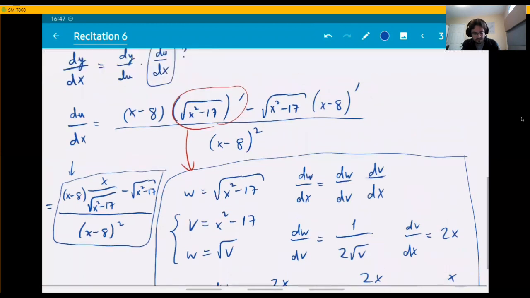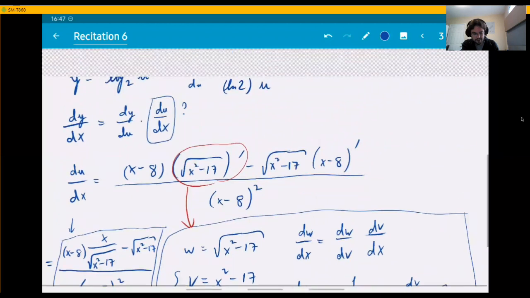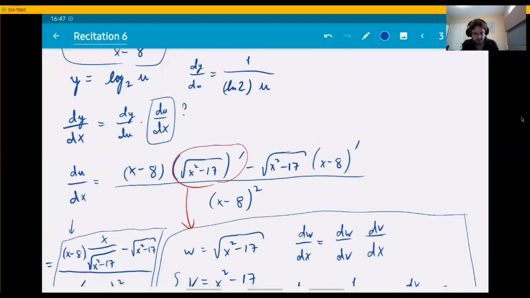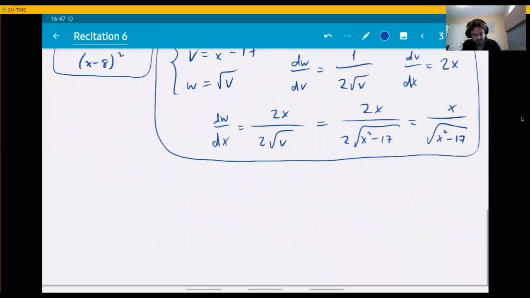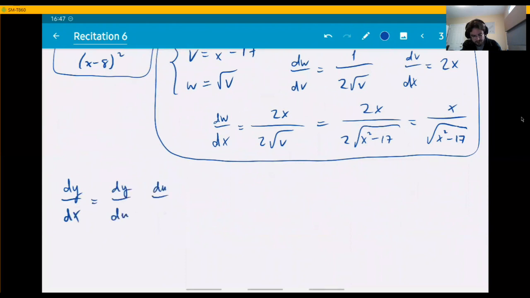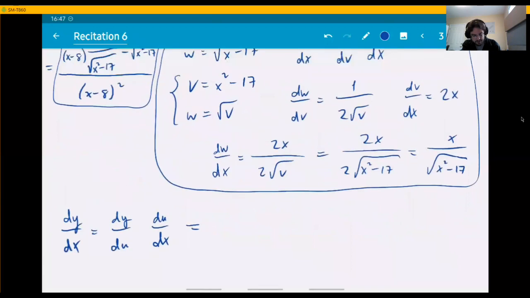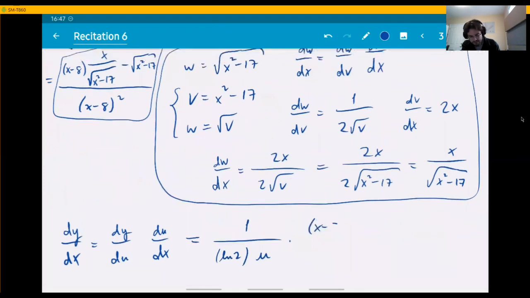Let's go back now. Why did we need to find du/dx? Remember that dy/dx was still not the whole thing. So I'm going to write down again what we have so far. dy/dx was dy/du times du/dx, where we actually found dy/du is 1/(ln 2 times u), if you remember. And du/dx is the one that we just found.